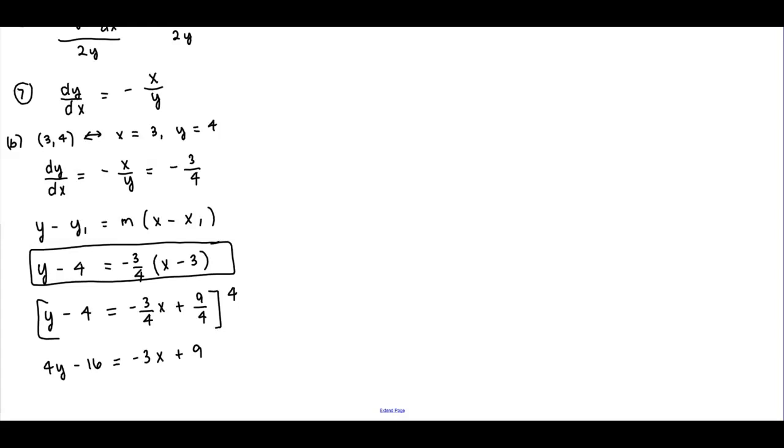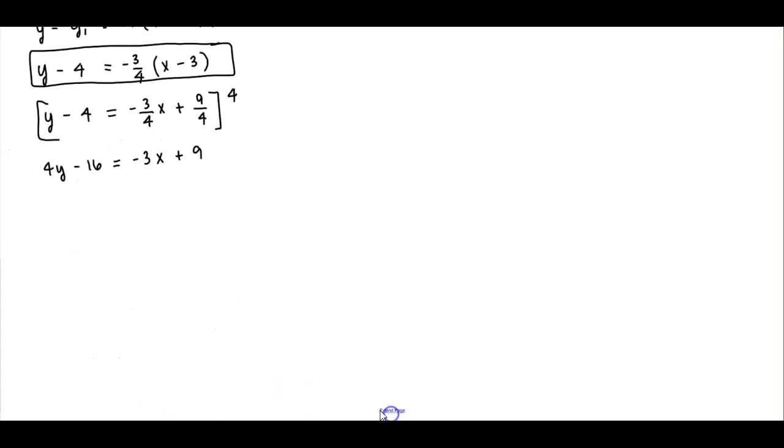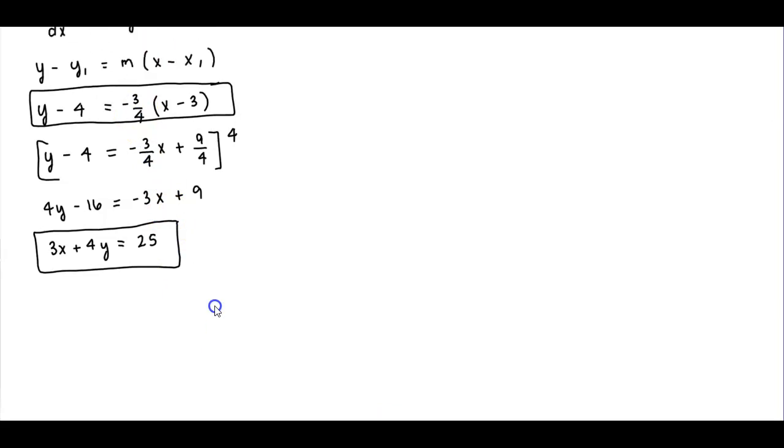If we combine all the variables on the left side and all the constants on the right side, we end up with 3x plus 4y equals, adding 16 to the 9, 25. So we can write it in that form as well. Therefore, the equation of the tangent to the circle is given by these 2 equations. So that is solution number 1.